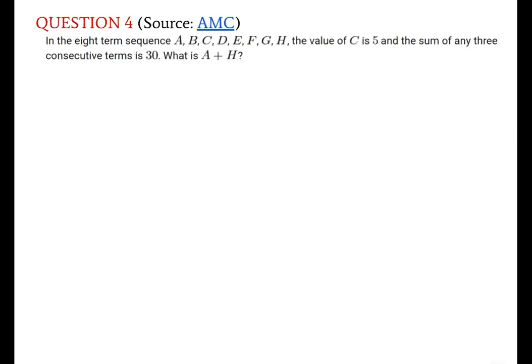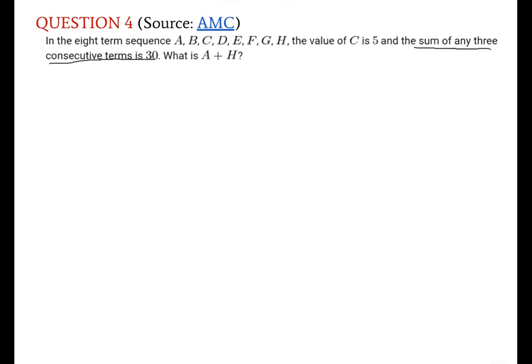Okay, question 4. So the sum of any 3 consecutive terms is 30. That piece of information will be very key to solving this.